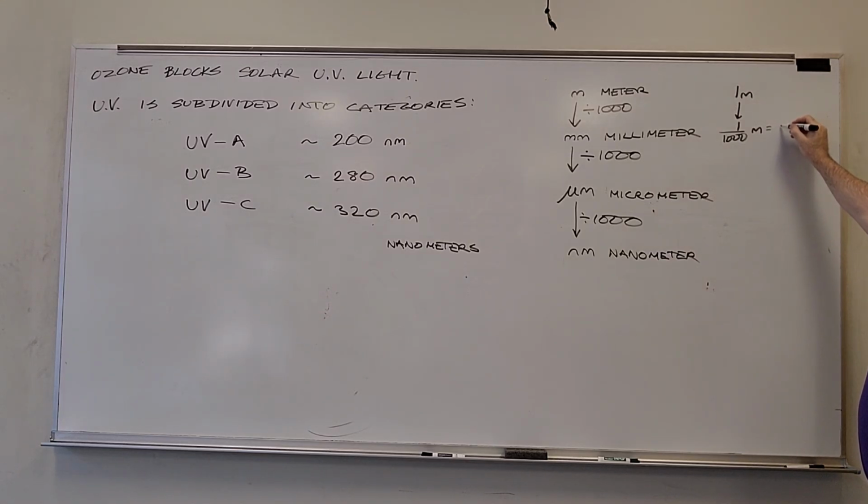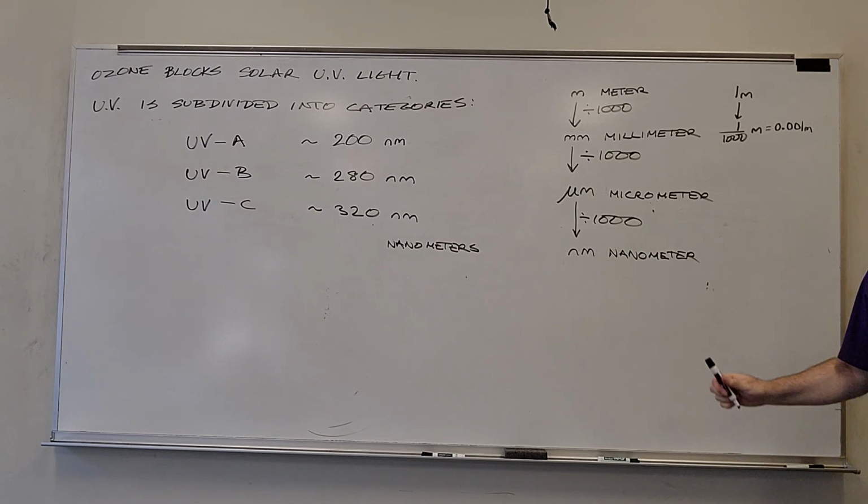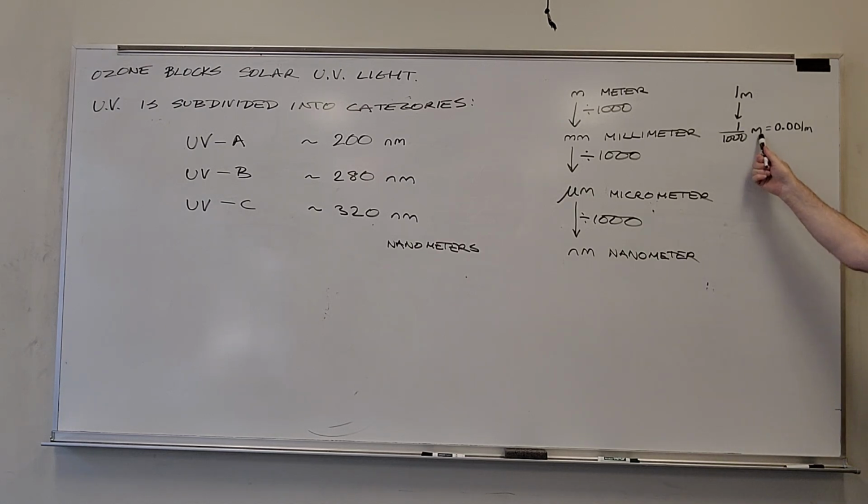I should have that just 0.001. Yeah, 0.001, that's right. Don't start the word with the point. Include the 0 that goes before the decimal place, because it is 1, 2, 3 zeros.